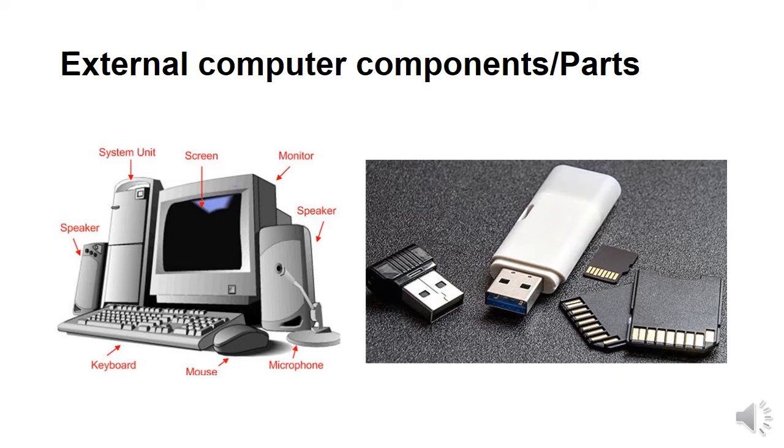Apart from a monitor, we have another device here containing a series of keys to do different actions. This one is called a keyboard, and this device is used by computer users when they want to type or to send letters, symbols, or numbers into the system unit for processing.